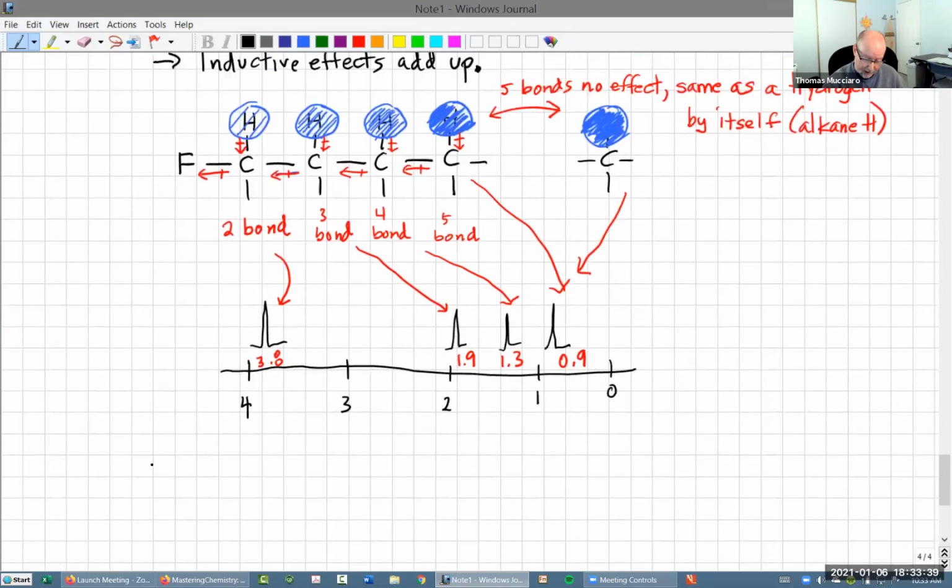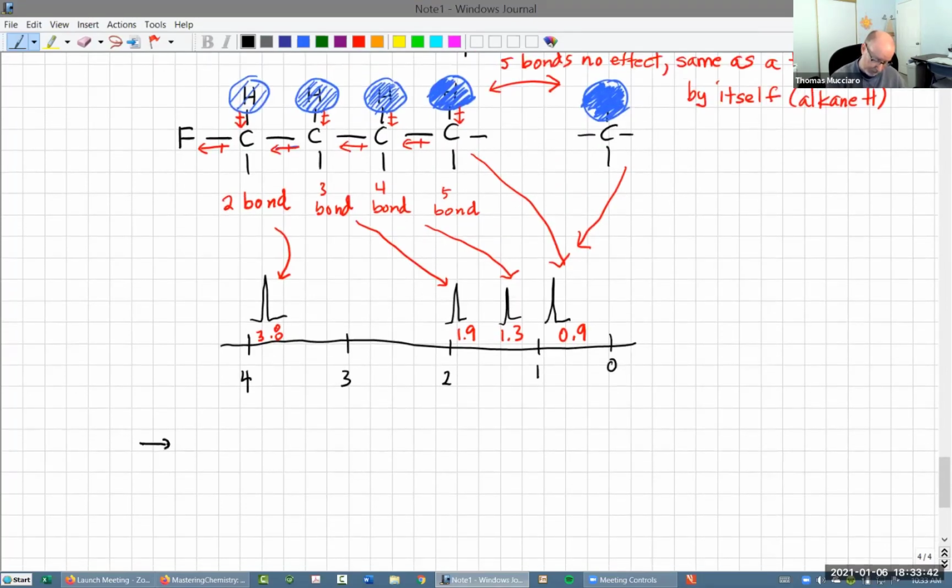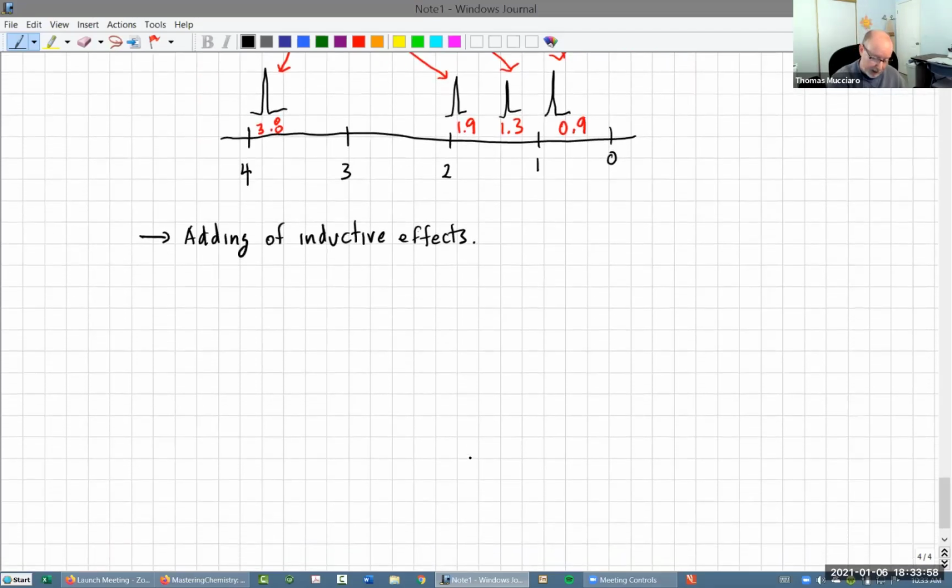But let me do one more thing, because this is one of the things that confuses people about the table. I'm just going to do this because I know these numbers pretty well, okay?